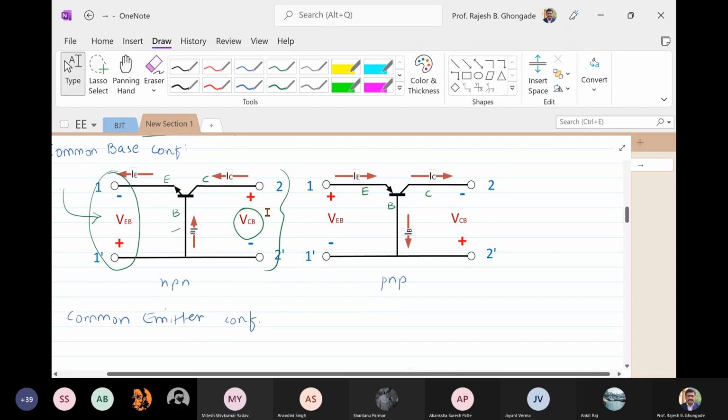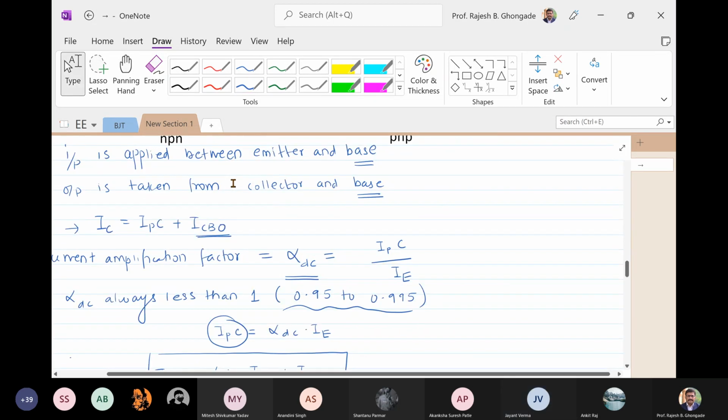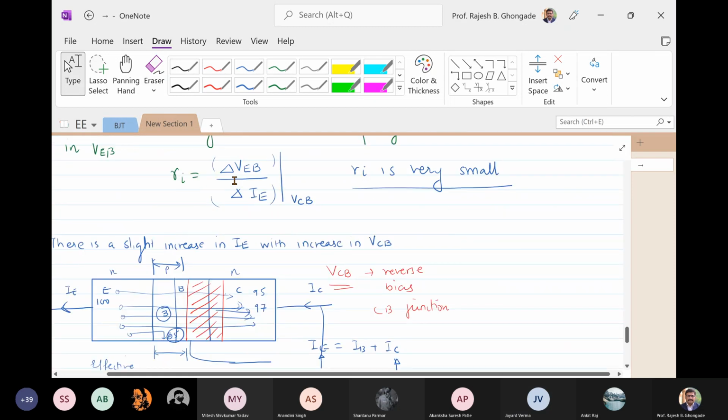What is V2 and what is I2? V2 is VCB and I2 is IC. So this is what we are going to plot.